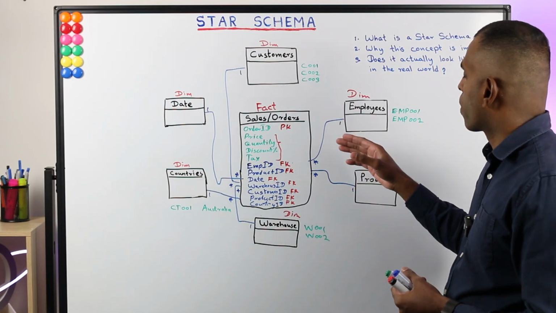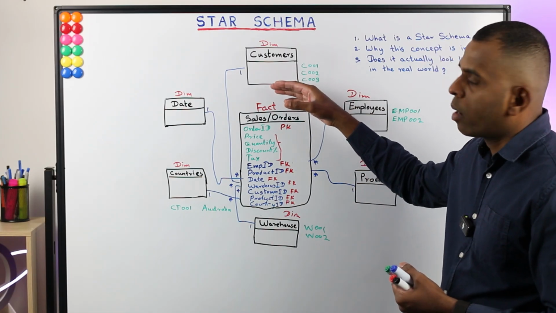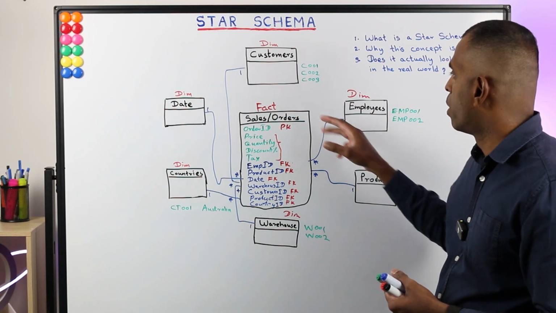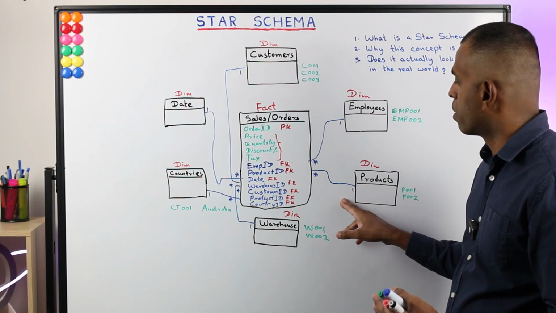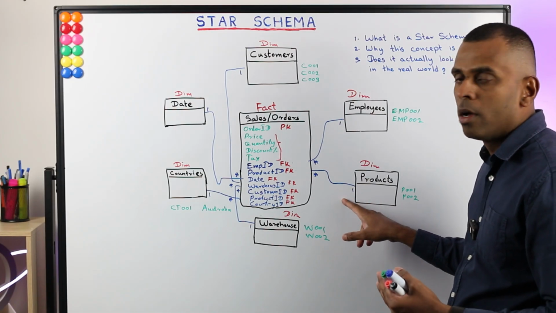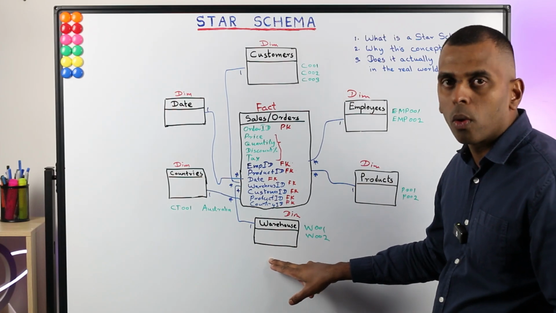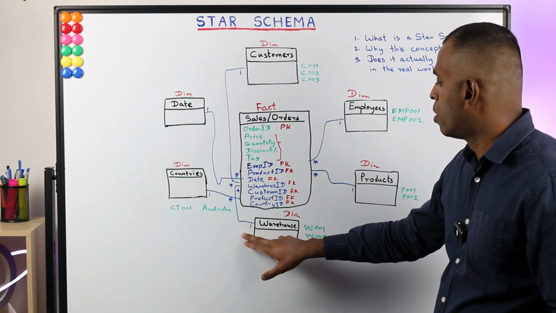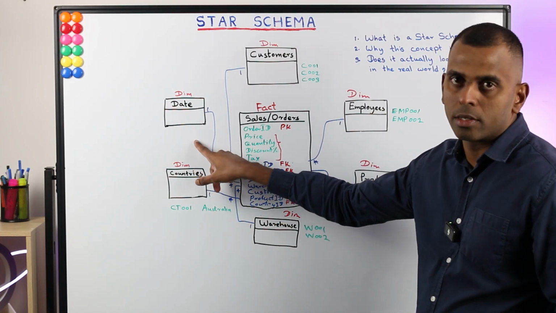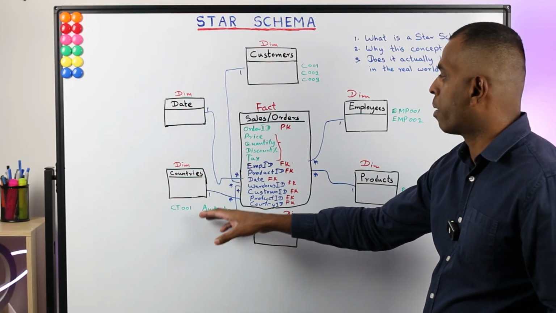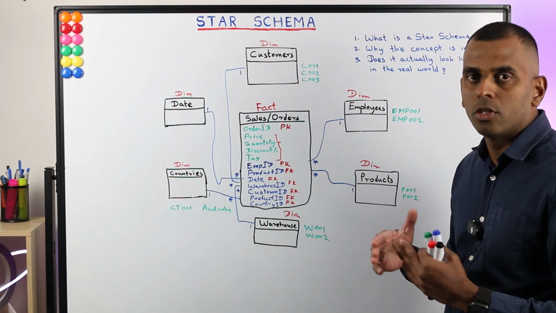For example, when we make reports, we check sales by customers, the orders handled by each sales rep, how many sales have happened from each product, how many shipments or orders have been handled by each warehouse, then the daily sales, monthly sales, annual sales, and the sales by country. That's how we use filters to get insights.